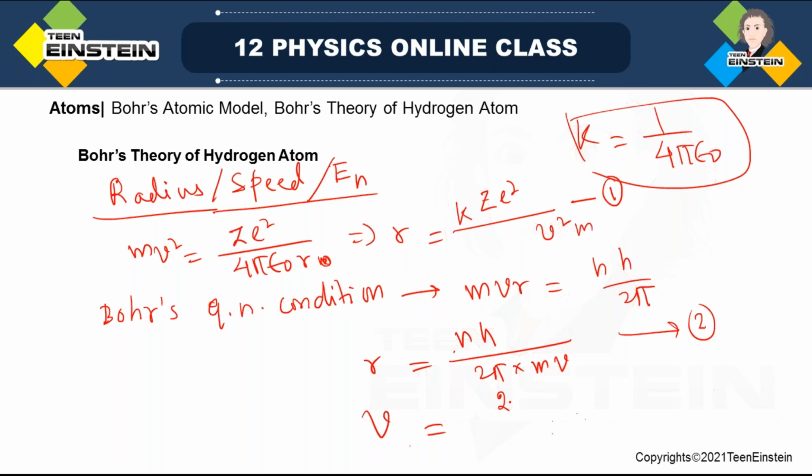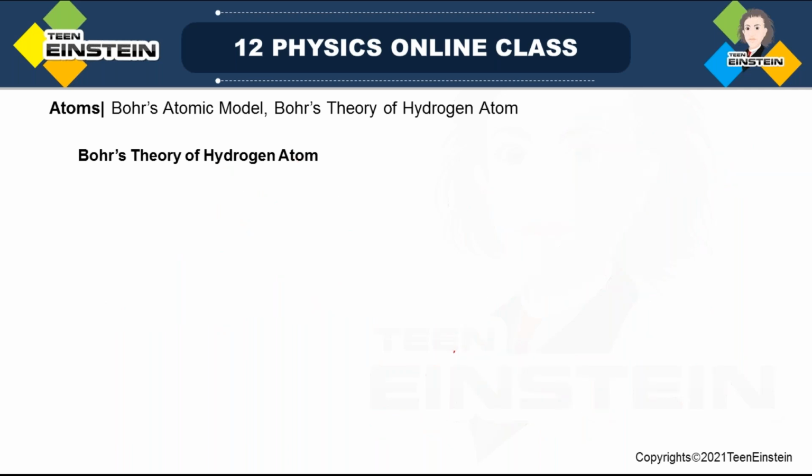If you equate these two, then what you get is 2 pi k z square by nh. Let us take this as equation 3. Then we'll move on to the next page. So we are calculating radius, then speed and energy.